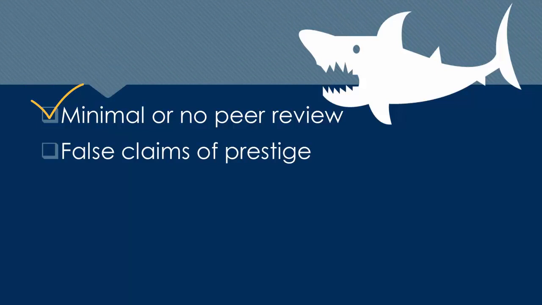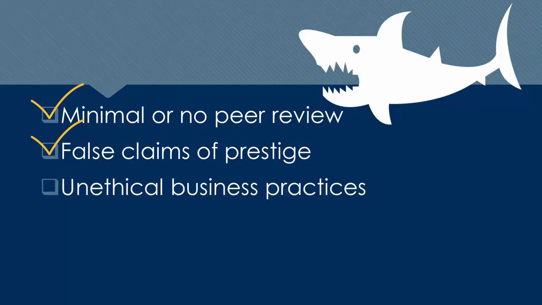Predatory journals make false claims. They will list an impact factor when Journal Citation Reports has not given them an impact factor, or they will list well-known scholars and editors when those individuals don't know anything about it. Predatory journals engage in unethical business practices, such as approving a manuscript as soon as it has been submitted, posting it to the web without copyright being signed over by the author, and refusing to take the article down when asked.